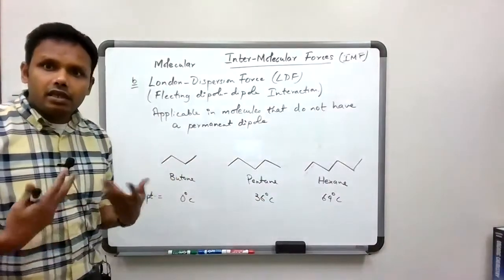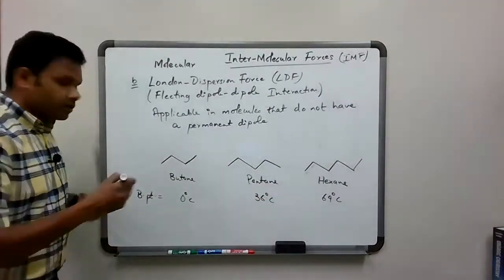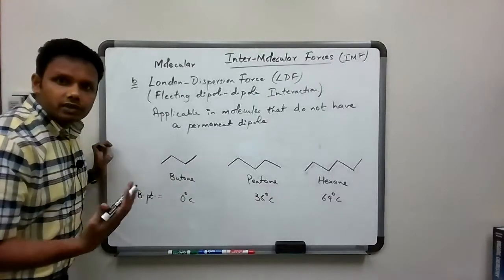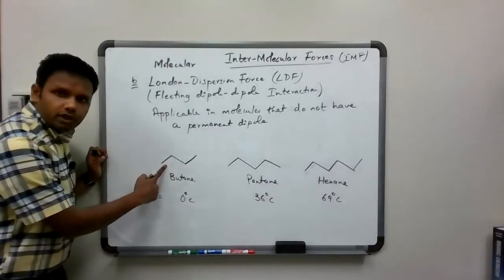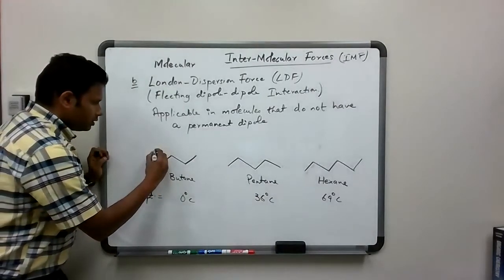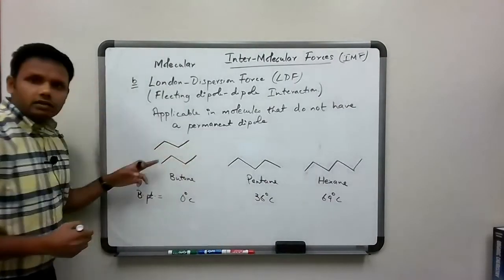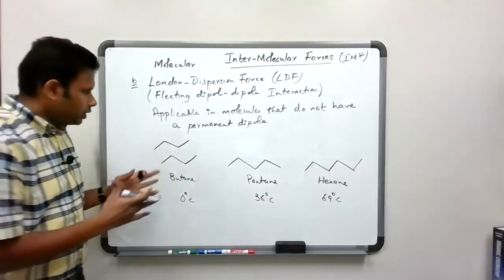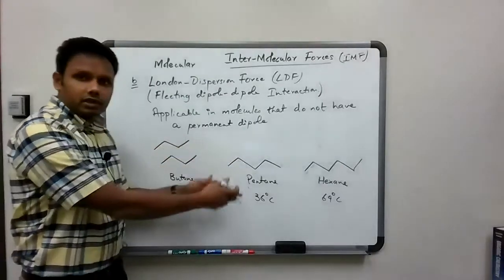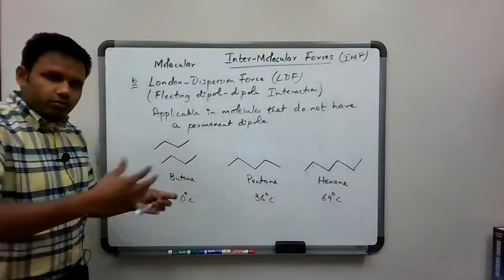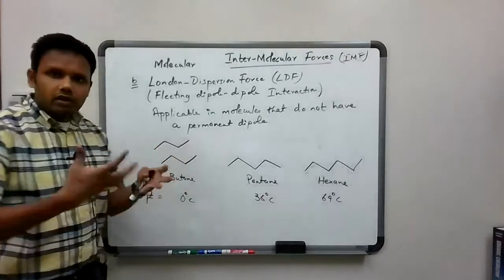Now, when I say intermolecular forces, we are referring to what sort of an intermolecular force exists between one butane molecule and another butane molecule. We're not talking about what sort of intermolecular force exists between one butane molecule and a pentane molecule, because when we are boiling something, we're boiling a liquid.